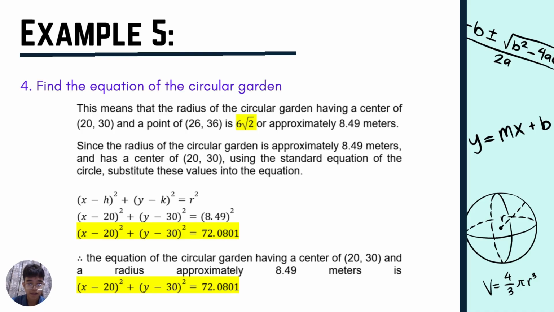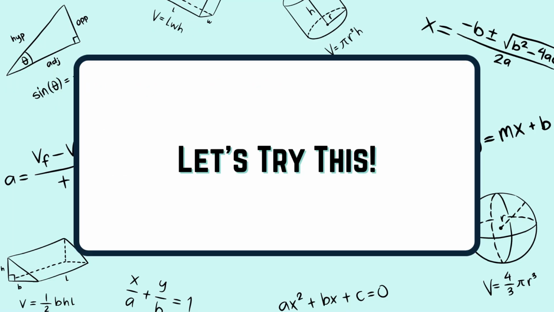So solving the right hand side, we will have 72.0801. Therefore, the equation of the circular garden having a center of 20, which is our x coordinate, and 30, which is our y coordinate, and a radius of approximately 8.49 meters is (x minus 20) squared plus (y minus 30) squared is equal to 72.0801.